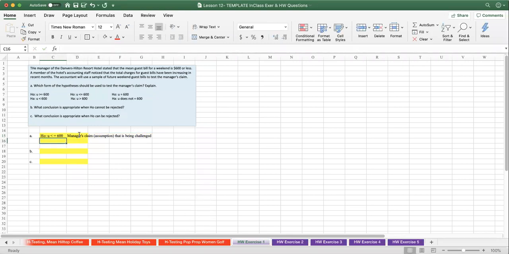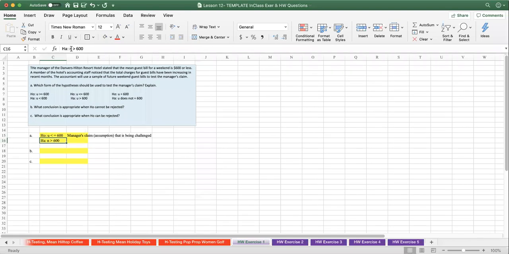And the alternative is mu is greater than 600. So we'll reject the null hypothesis if we find that it's not true, and therefore what we find is that it's greater than 600.